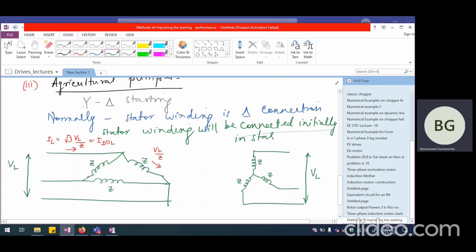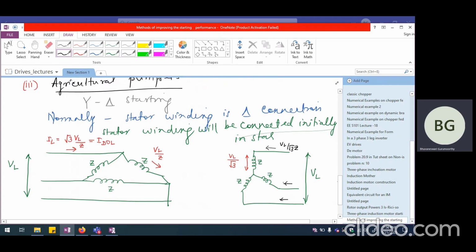Now, if this is the line voltage, the voltage that is experienced by each of the phase windings, because this is star connection, will be VL divided by √3. So if I am looking at what kind of current is flowing here, the current is going to be VL divided by √3 Z.